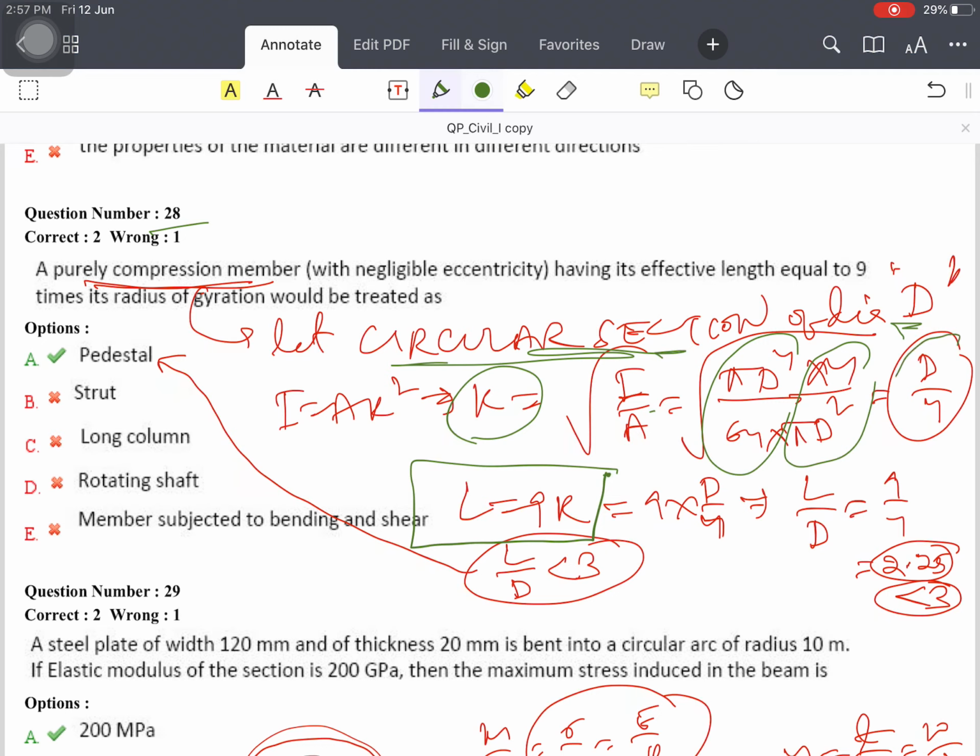So we find K equals D by 4. Putting this value in L equals 9K, the relationship will be L by D equals 9 by 4. This is 2.25, which is less than 3. L by D is less than 3. This means this is the pedestal.